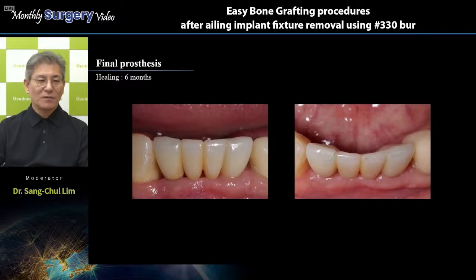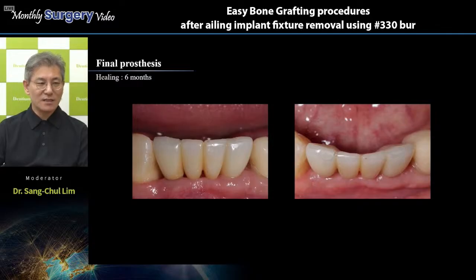What about this scheme? Actually, this lower anterior 4-unit bridge was very well done and installed on this narrow ridge. At first, you can find some black triangles between the artificial teeth, for example, number 41 and 31 area.